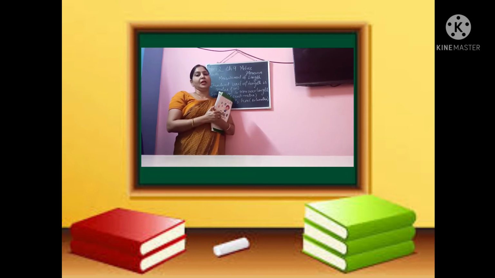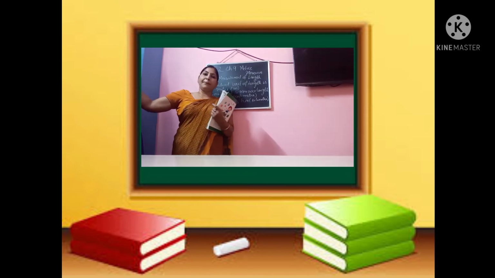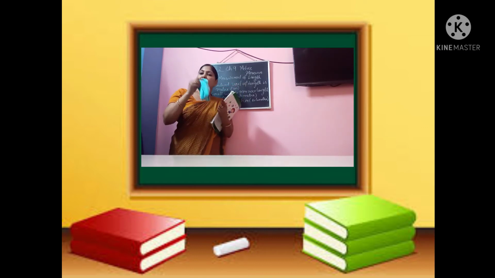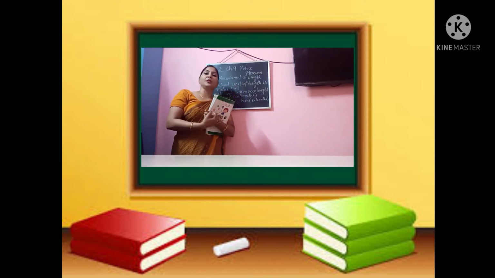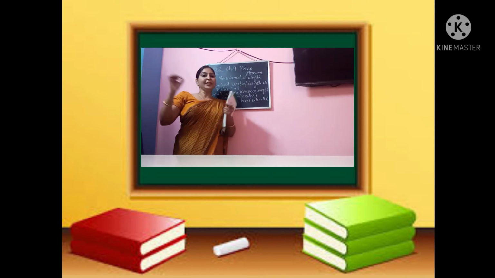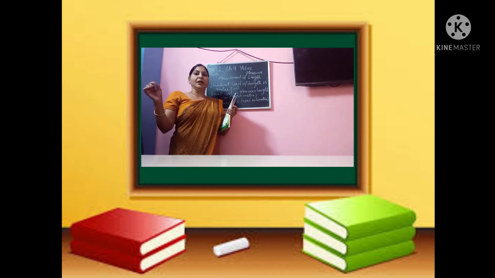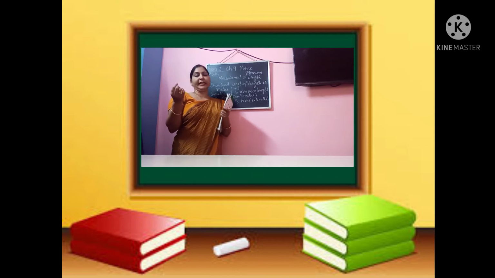Suppose we have to measure a piece of cloth. Okay, I want to measure this. Then to measure a piece of cloth, which instrument or device do we use? We use the inch tape. Okay, you must have seen tailors using the inch tape. A measuring tape, which is at times made of plastic.